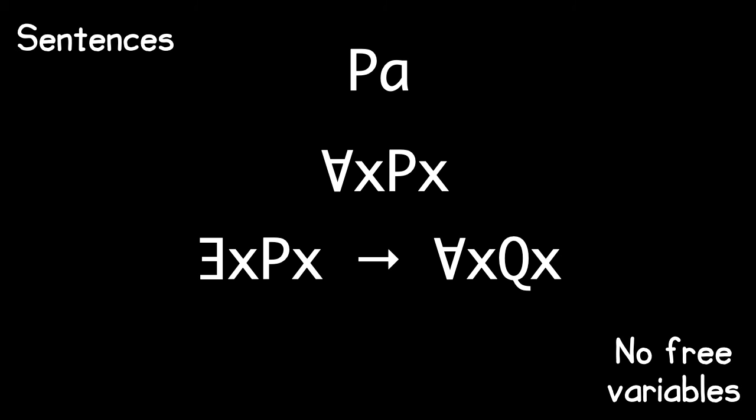For all x Px is a sentence because the x in Px is bound by the quantifier for all x. And exists x Px arrow for all x Qx is a sentence because the first x in the Px is bound by the exists x, and the x in Qx is bound by for all x. So there are no free variables, and these are sentences.